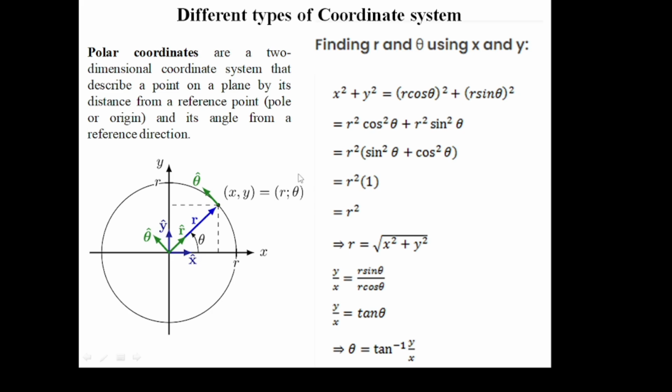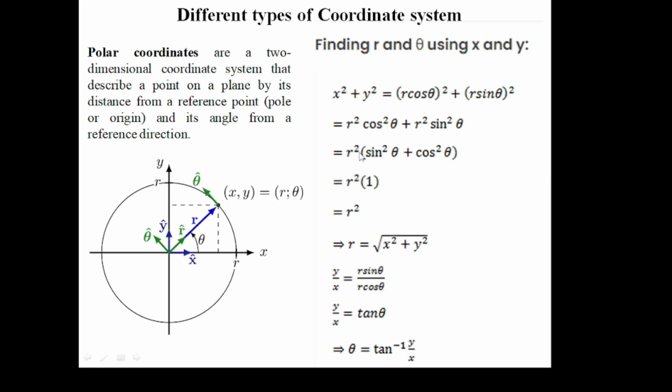So polar coordinates is a two-dimensional coordinate system and its position vectors are r, theta. Here we will see the relation between r and theta with the Cartesian coordinates x and y. If we draw a perpendicular projection in the x and y direction, then x is equal to r cos theta and y is equal to r sin theta, where theta is this angle.